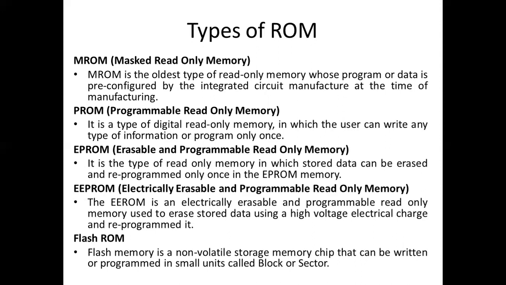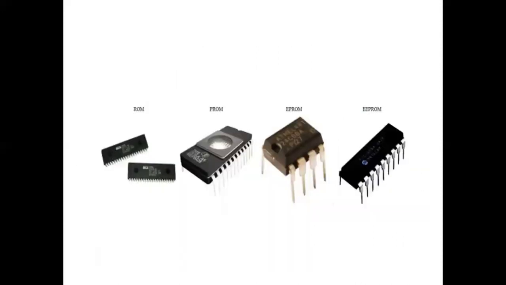So let's look at how they really look. This is the ROM, and then we have the PROM, the EPROM and the EEPROM. So if you see them on the motherboard or anywhere else, you'll be able to identify them.